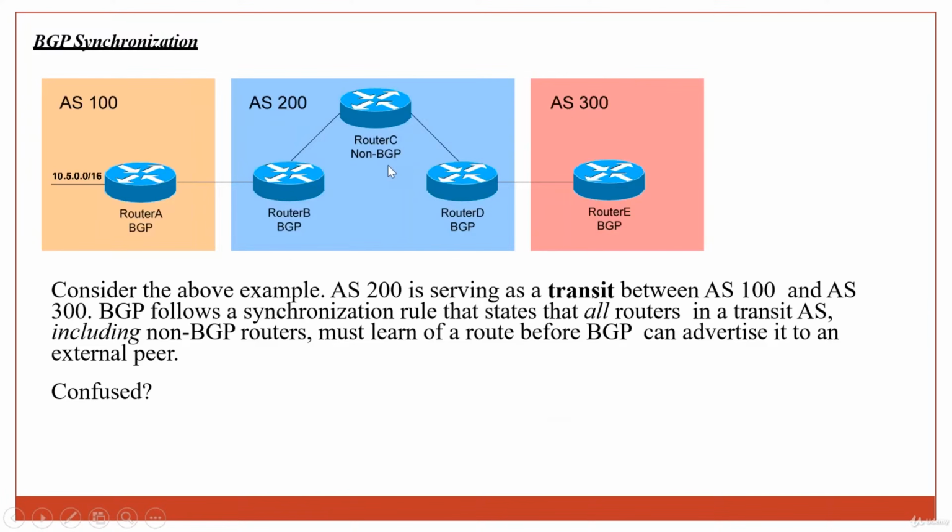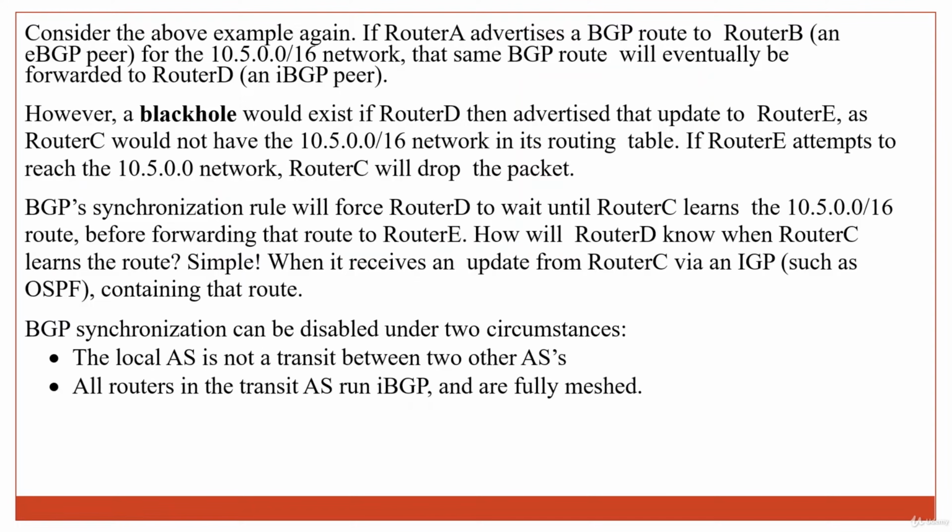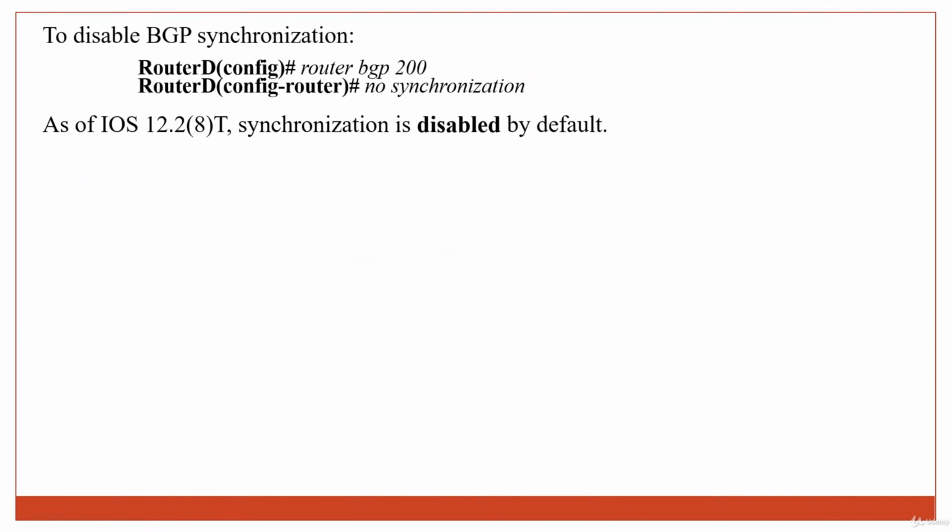So the question is when you don't need the synchronization rule. The answer is when your AS is not working as a transit. Second, when all the devices in the transit are running IBGP.